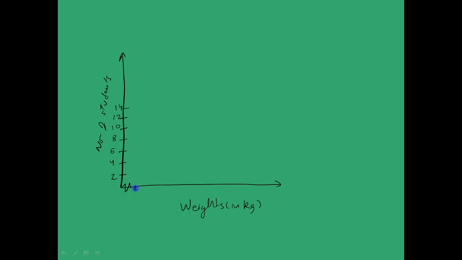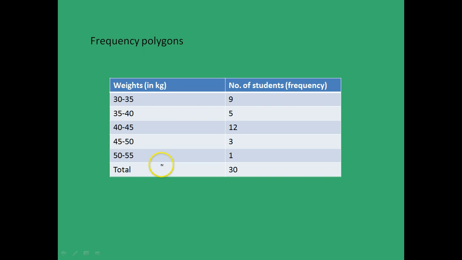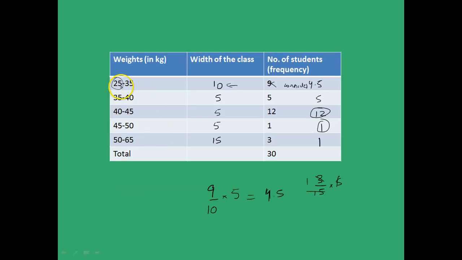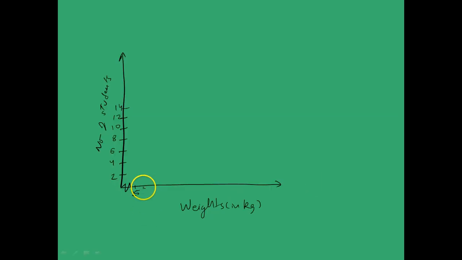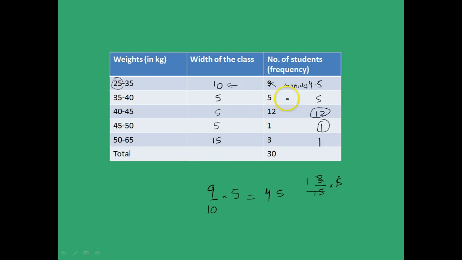This is 25. And we look at 25 to 35. But the minimum width of class is 5. So we'll move to 30, 35, 40. I finished labeling the axes here, and so let's just plot out the graph.